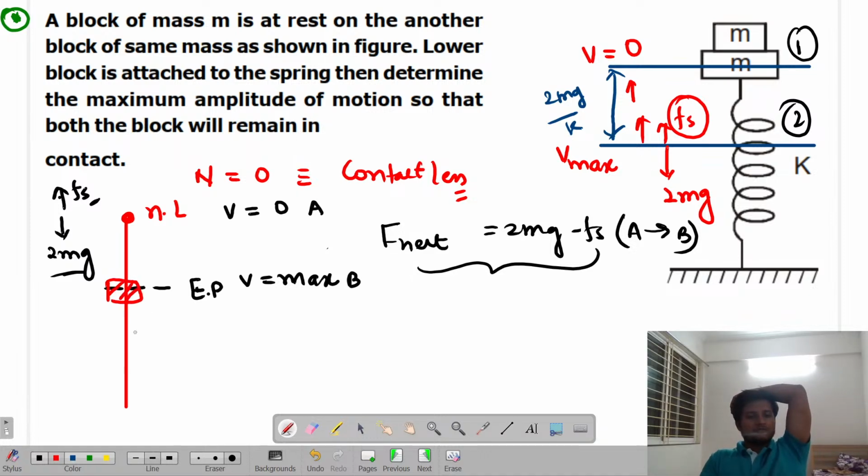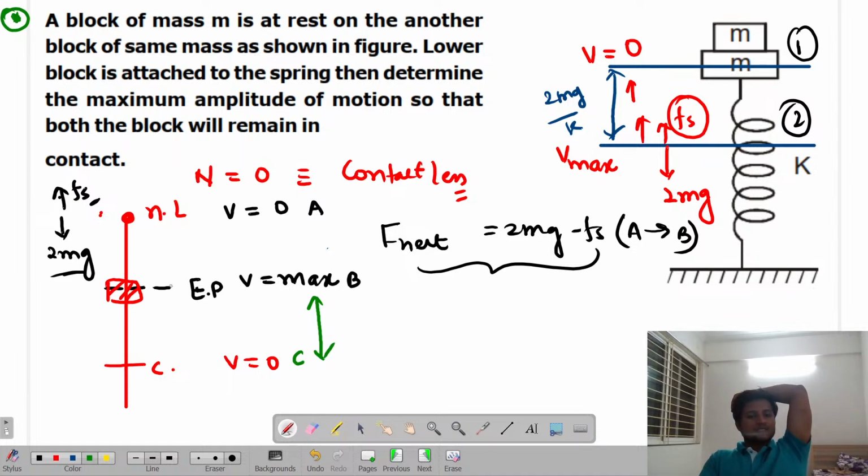So when it came over here, what will happen when it goes from A to B, B to C? C is my point where the velocity once again becomes 0. कितना हो जाएगा? So now if it becomes 0 over here, this is my point C. From here to here, which force started dominating? Spring force. Then only the velocity will become 0 or not? Yes.